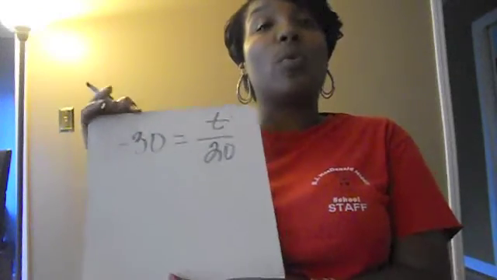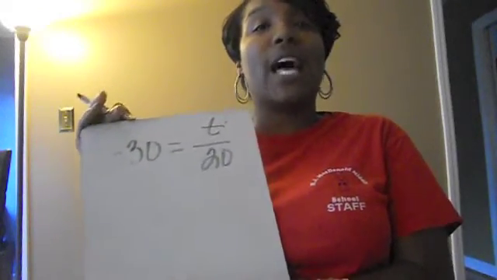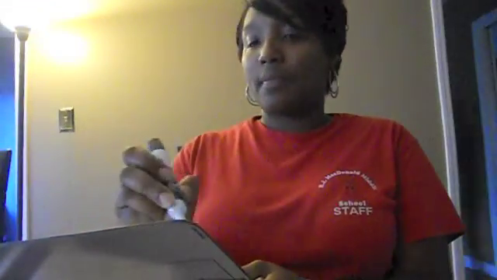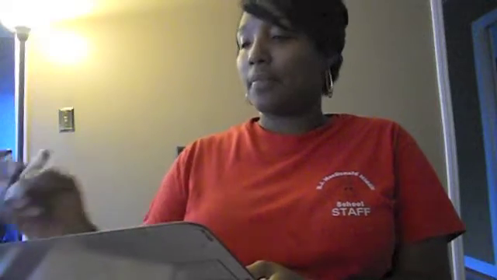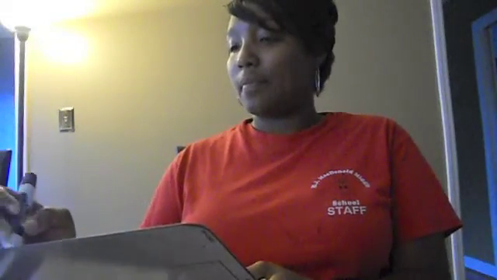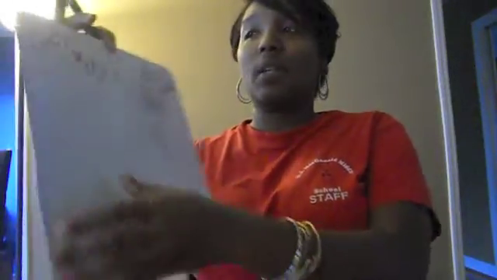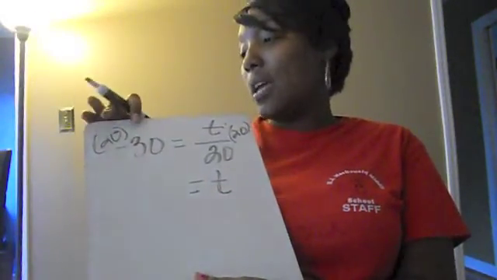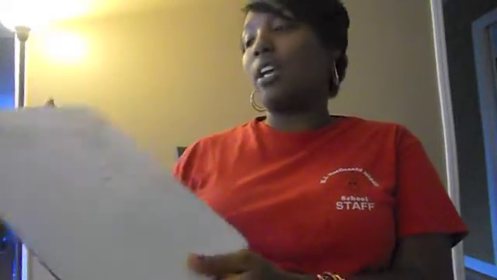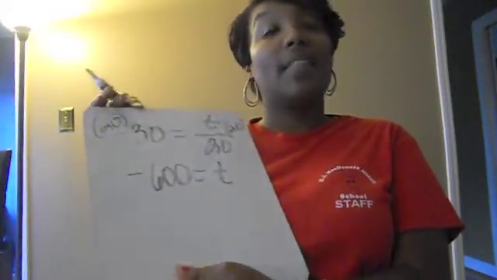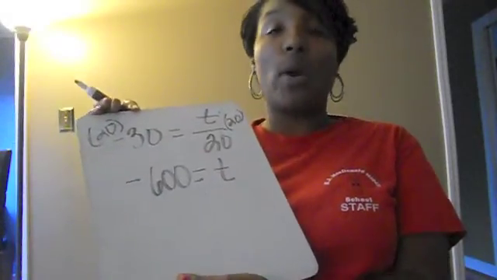So that means I'm going to multiply both sides by 20. Okay, and 20 times negative 30 is negative 600. Okay, that concludes our one-step equations video.